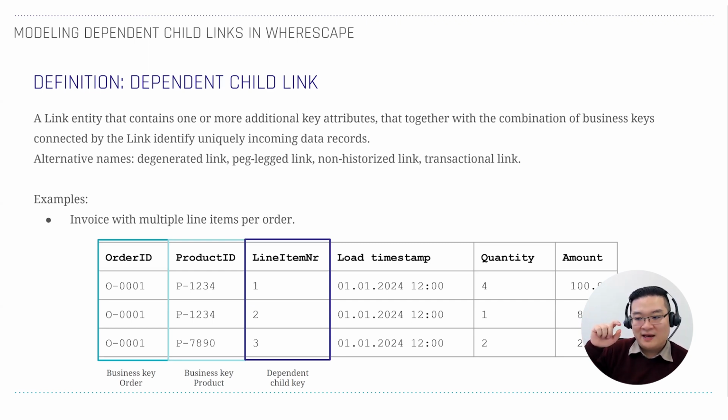If you take the line item number by its own, it doesn't have any meaning, and it cannot logically stand alone, because you would have multiple line item numbers 1, 2, and 3 in different orders. So that is what we mean by it's an additional key that would depend on other key attributes.